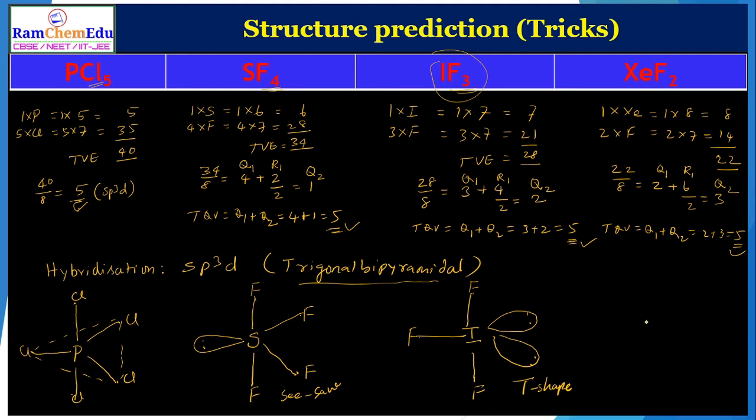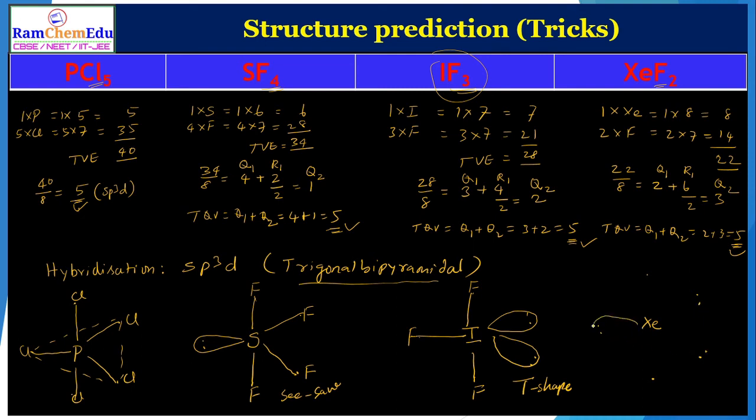And for this, again, I can put the xenon as the central atom. We can fix the 5 places, and here you can compare: the number of surrounding atoms is only 2, but we need 5. So the missing is 3. That 3 must be lone pairs. All the lone pairs must be in the equatorial position.